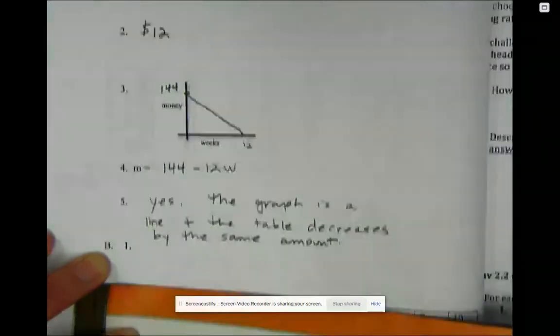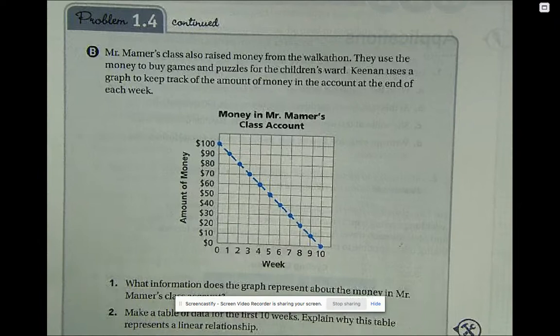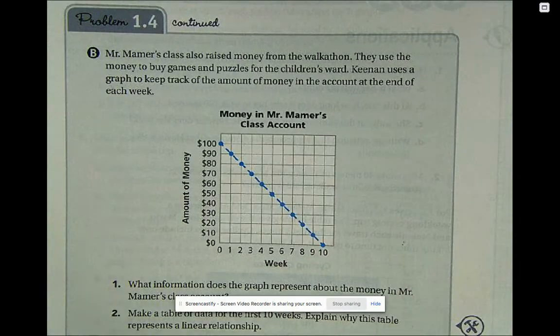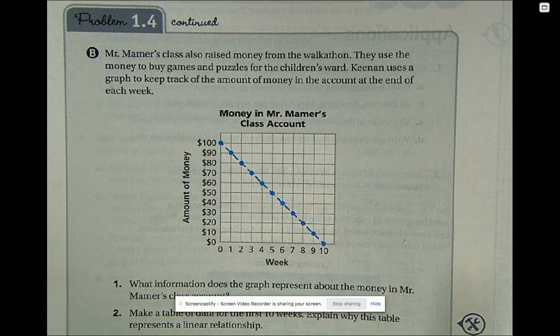Okay, let's look at question B. Okay, here's a graph on the next page. It says Mr. Mamer's class also raised money from the walkathon. They used the money to buy games and puzzles for the children's ward. Keenan uses a graph to keep track of the amount of money in the account at the end of each week. So at the beginning of the week, it looks like they've got $100.